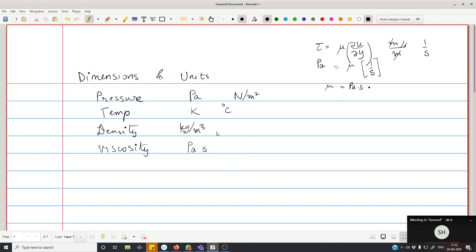So these units are called SI units. SI stands for System International. It's a French organization which organized all the units, because initially there were a bunch of imperial units.